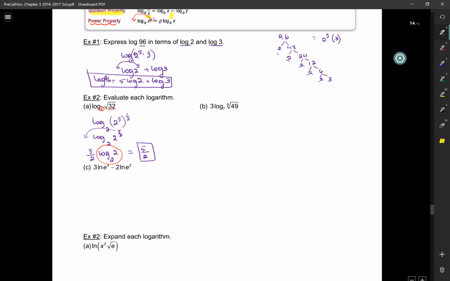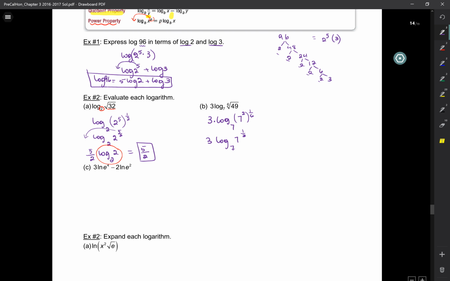All right, next one. Here I have 3 times log base 7. Now what do I have in here? I have 7 to the power of 1/3. So this is 3 log base 7 of 7 to the power of 1/3.